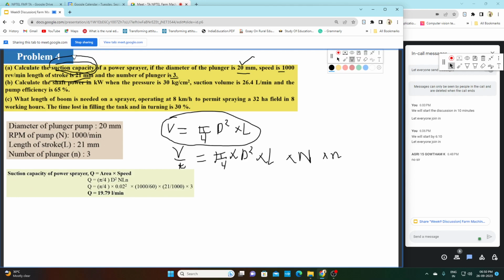Now, what is the suction capacity? When we are asked for suction capacity, we are basically asked for Q, the discharge. Discharge is volume divided by time.